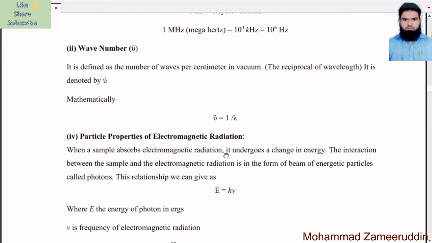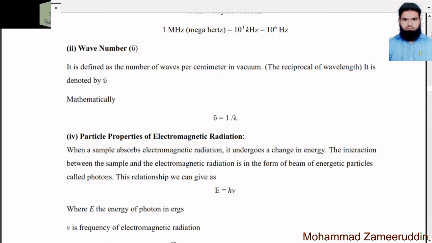Now the fourth property is the particle property of electromagnetic radiation. When a sample absorbs electromagnetic radiation, it undergoes changes in energy. The interaction between the sample and the radiation is in the form of a beam of energetic particles called photons. When we allow radiation to interact with matter, this interaction results either in the absorption or in the emission of energy.